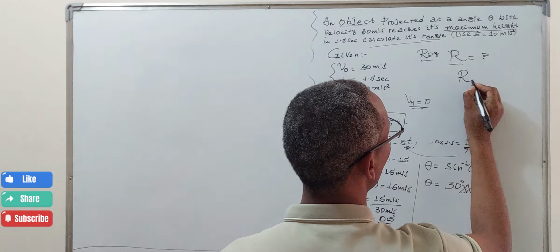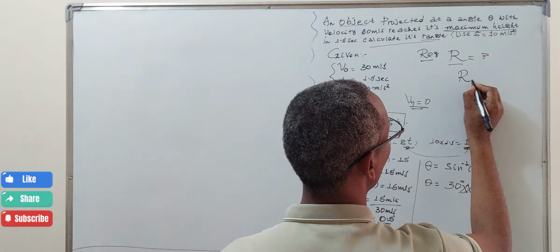The range of the projectile motion you will get using V naught squared sine 2 theta upon acceleration due to gravity.